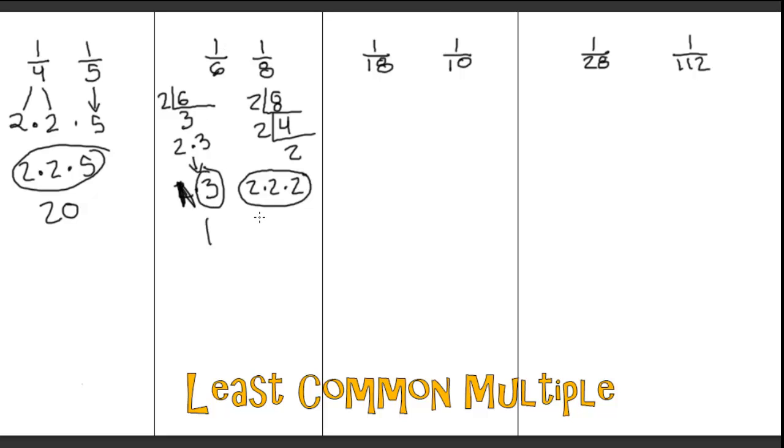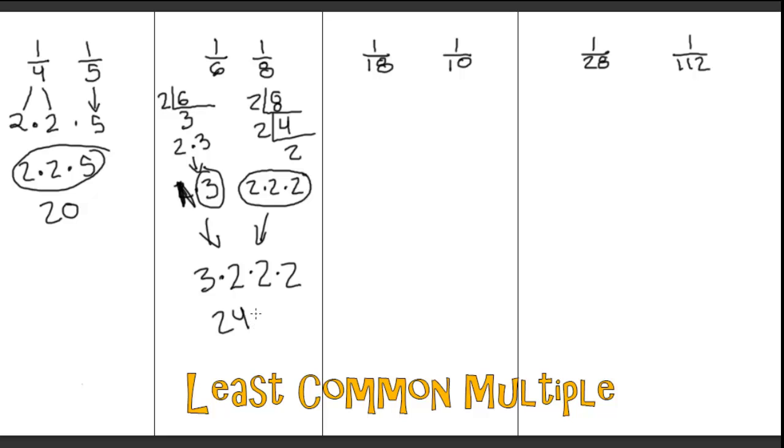You take both of these little hunks of numbers and turn them into an equation. When you multiply this out, 2 times 2 is 4, 8, times 3 is 24. So you get 24.